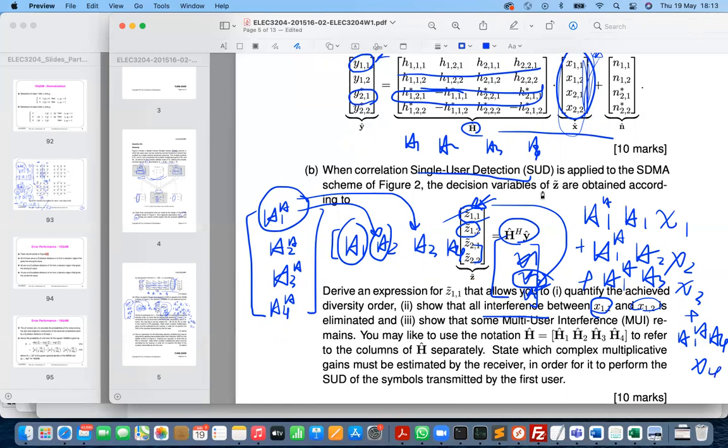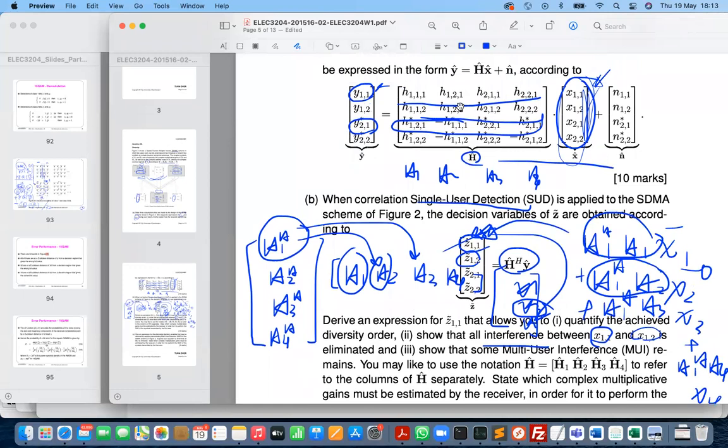All of these give you Z11. So what you need to show is this one equals 0, so that there's no interference, and this one only has power.